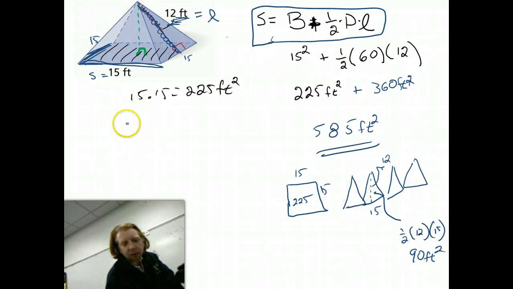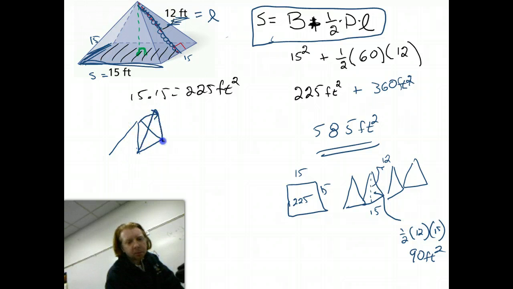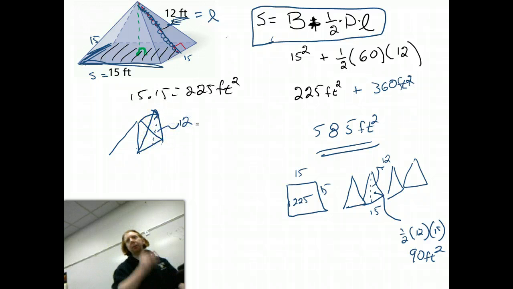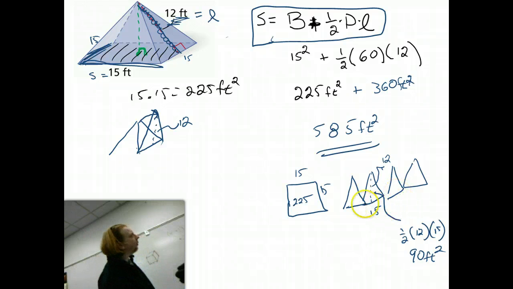Here, let me try this. If I take my pyramid, so there's my pyramid, I'm going to take this side and peel it off. That is still going to have a height of 12, as I pick that triangle off and set it aside. And that's what these 4 triangles down here are.